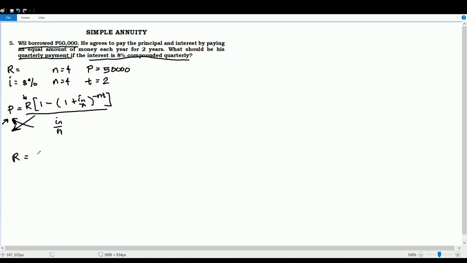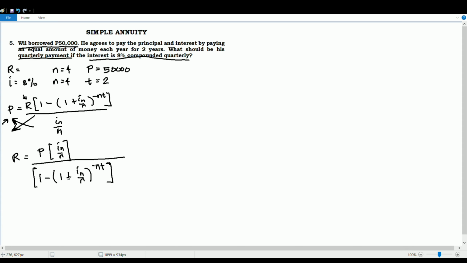So we have P to be cross multiplied by i subscript n over n, all over the whole bracket of 1 minus 1 plus i subscript n over n raised to negative nt.